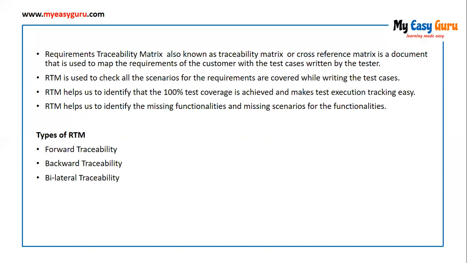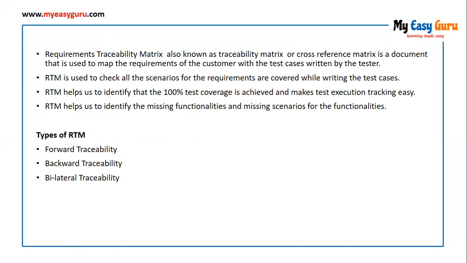RTM is used to check all the scenarios for the requirements are covered while writing the test cases. RTM helps us to identify that 100% test coverage is achieved and makes test execution tracking easy. RTM helps us to identify the missing functionalities and missing scenarios for the functionalities.